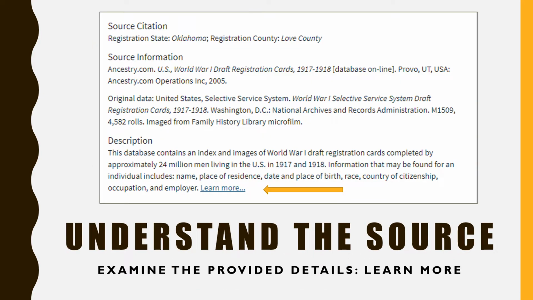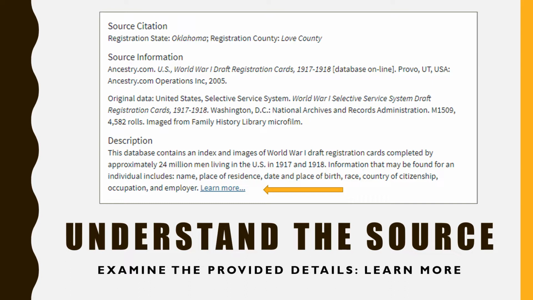Now, to understand the source, make sure you look at all the provided details. We went through this in some detail in Part 1 of this series, but notice, just for review, that the source citation, the information, and the original data all contain some good information, but none of it is complete enough for a good source citation.